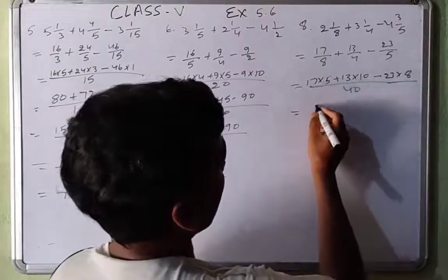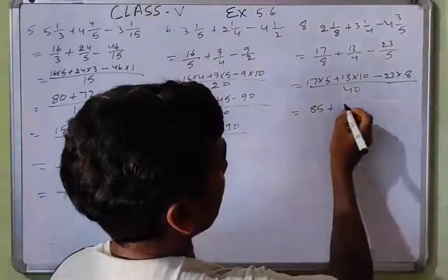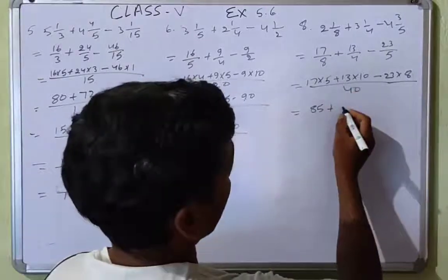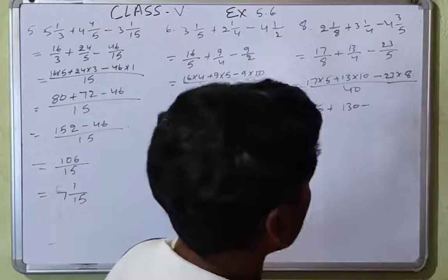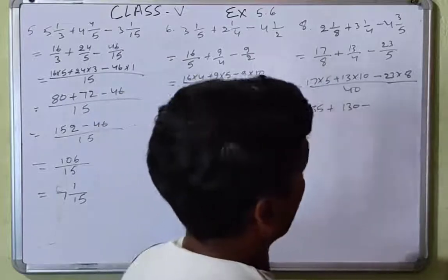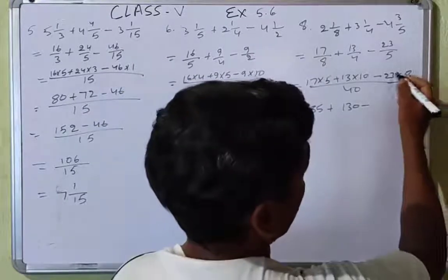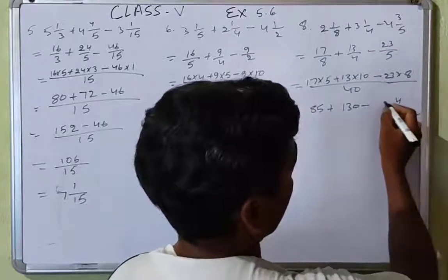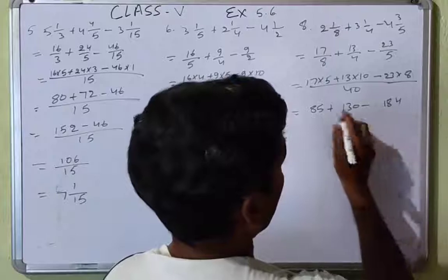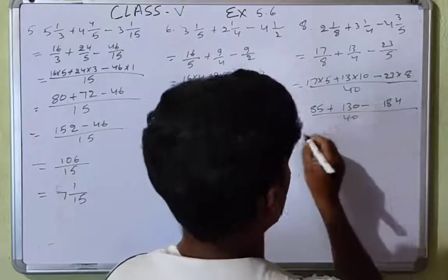17 5s are 85 plus 13 10s are 130 minus 23 8s, you don't know the table, so 8 3s are 24, carry 2, 8 2s are 16, 17, 18, and then upon 40.